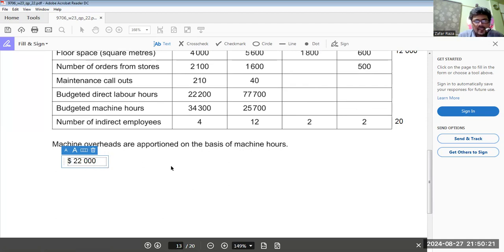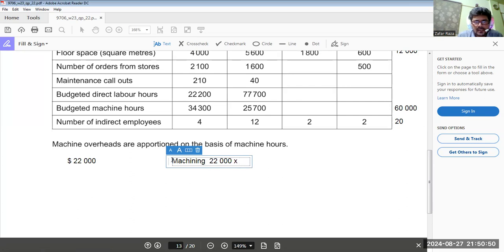Okay. Now machine hours total for the two departments will be how much? 34,300 plus 25,700. That means 60,000. So how do we divide for the machining department? $22,000 is supposed to be divided.